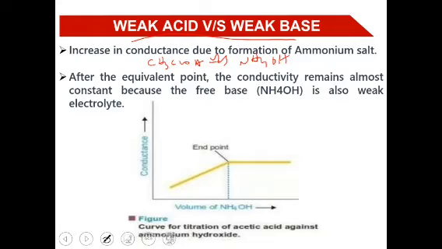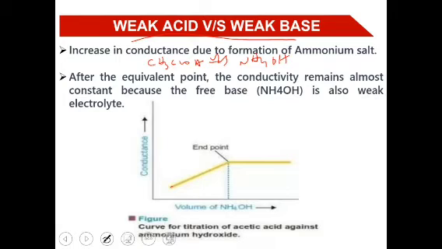Now if you observe the graph between the conductance versus the volume of ammonium hydroxide, initially there is a low conductance value. Acetic acid is a weak electrolyte and its dissociation is very low, so initially it shows a low conductance value.